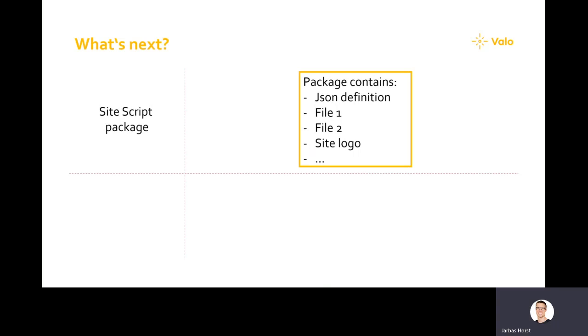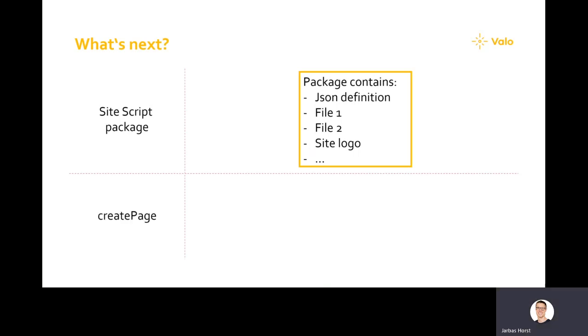I also think that we are going to have documents that you want to upload as document templates for your document library. So I haven't seen that yet, but this is how I understood it. And as far as I know, this package is going to be a zip file.